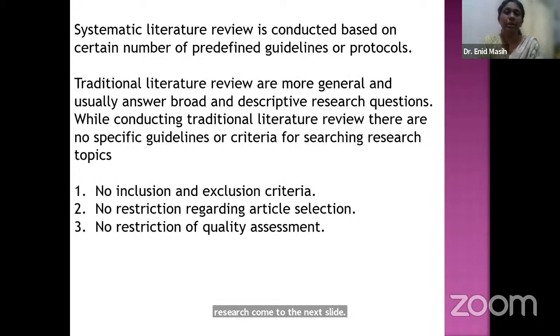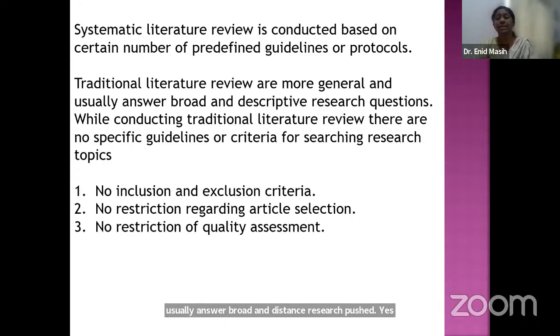Systematic review is conducted based on a certain number of predefined guidelines or protocols. I hope by now you all know about those guidelines and protocols. Traditional reviews are more general and usually answer broad and descriptive research questions.